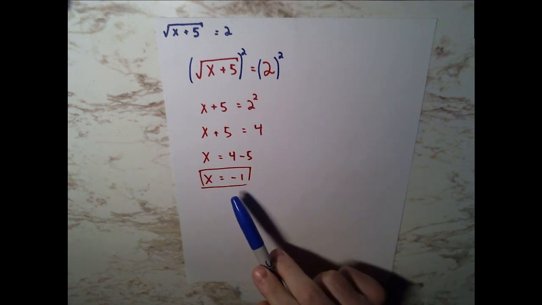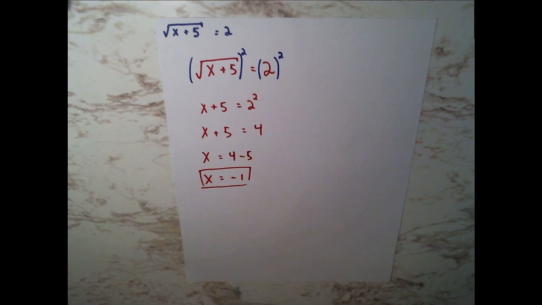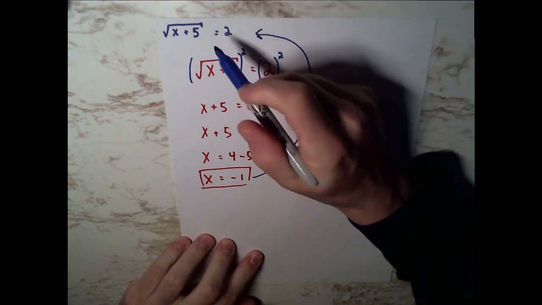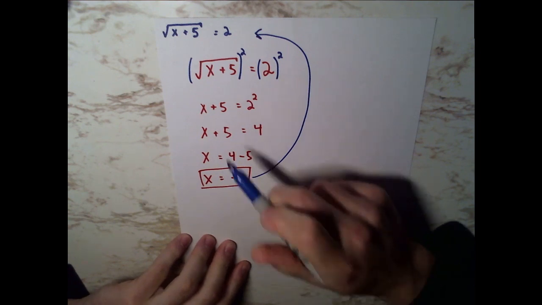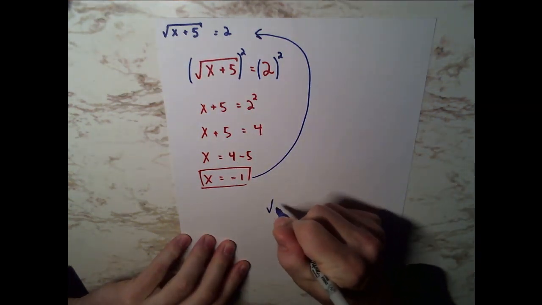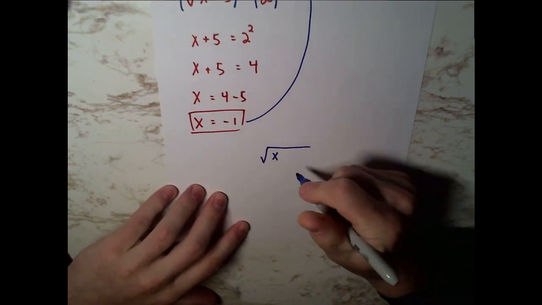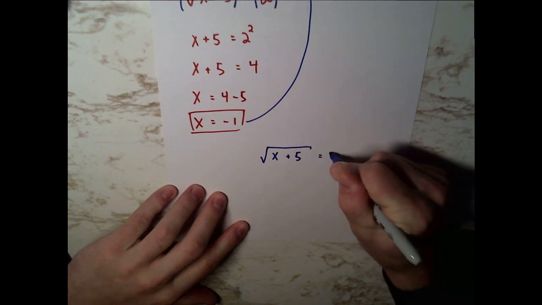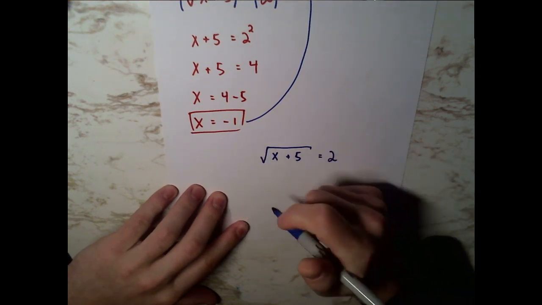One thing that's important is that you always plug your answers back into the original equation. So we want to take this -1 value and plug it in up here just to make sure that it works. I'm just going to rewrite the original equation. We have the square root of x plus 5 equals 2, and we said here that x equals -1.